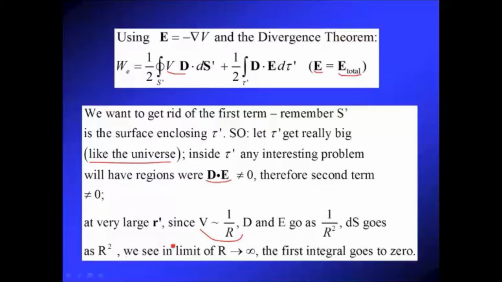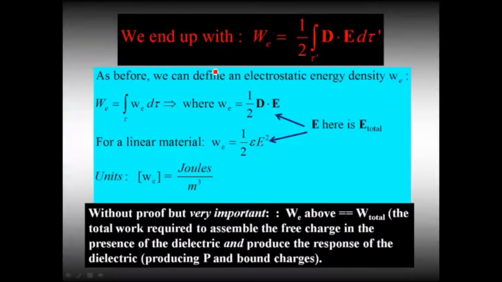So you can see that you have a 1 over r times 1 over r to the 4th, and then times r squared. So we're going to have something that totally goes as 1 over r to the cube. If you take the limit of making r very, very large, say infinity, this first integral goes to 0. So we're only left with this integral here. So we end up with this equation here for the work done.